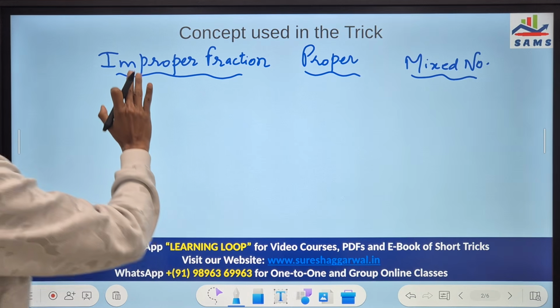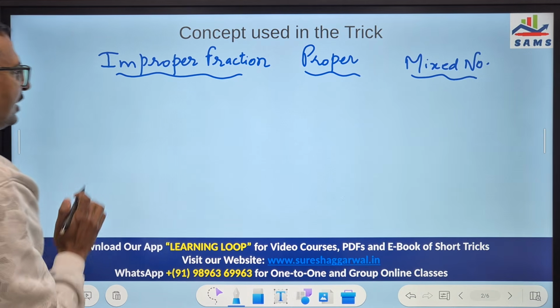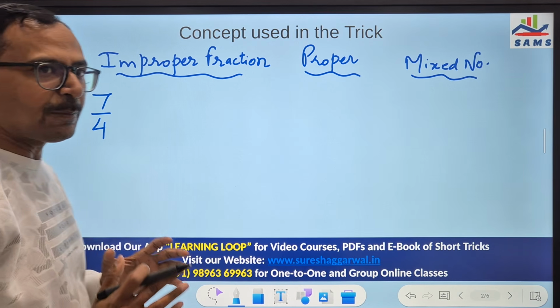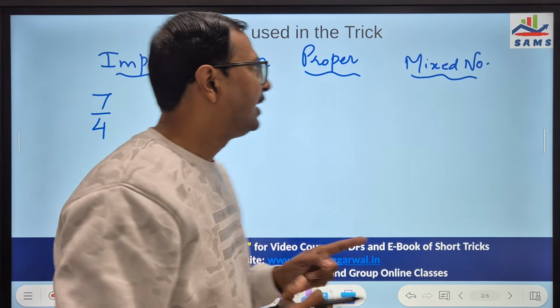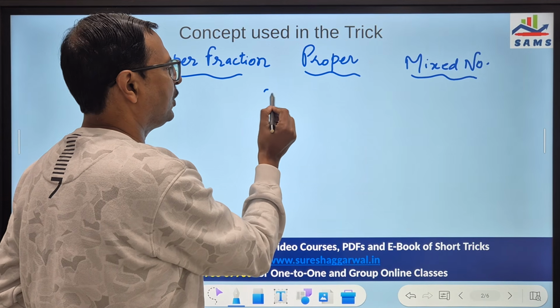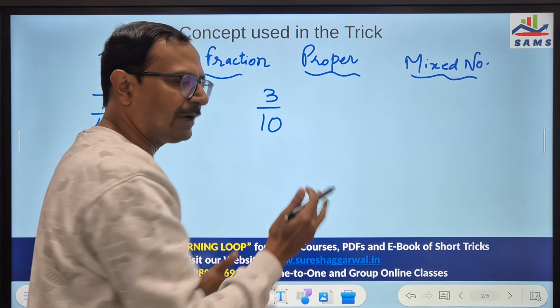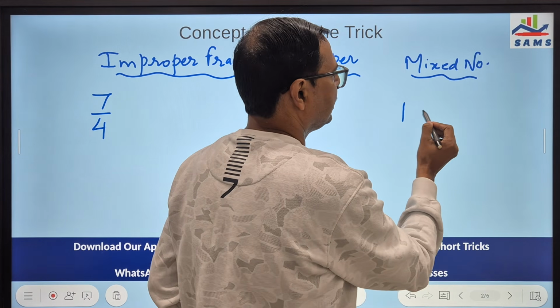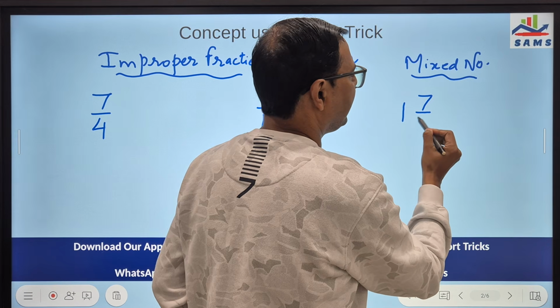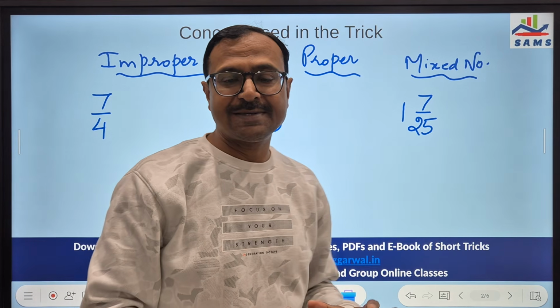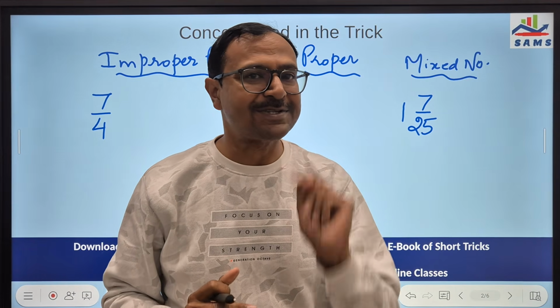Let's take an example of an improper fraction like 7 upon 4. This is an improper fraction, 7 is greater than 4. A proper fraction like say 3 upon 10, that's an easy one. And how about a mixed number like 1 and 7 by 25? Now that's a mixed number. In all the three cases, I am going to get a different type of percentage.